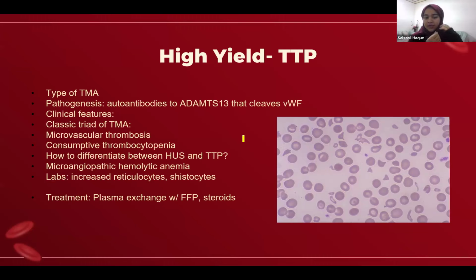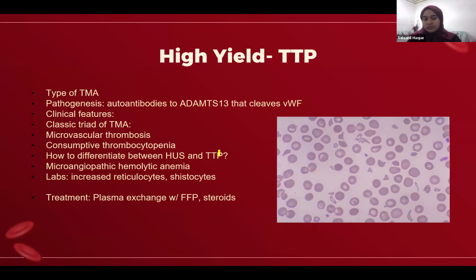Now, two types of TMA are hemolytic uremic syndrome and TTP. Can someone tell me what the difference between these two is? Perfect.